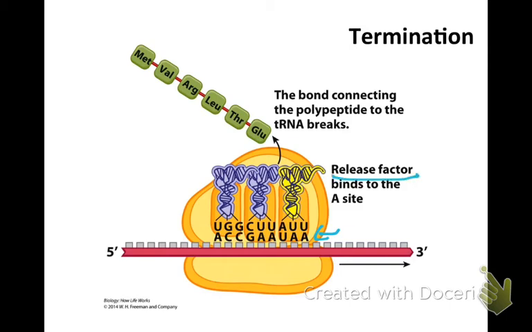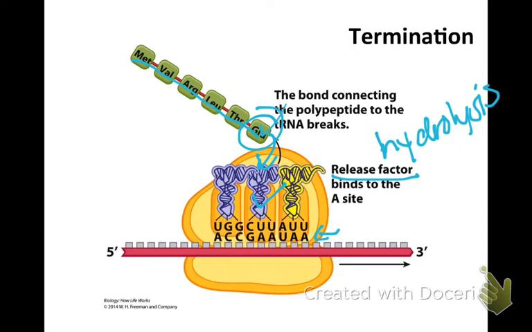What happens is this release factor will hydrolyze the bond that is connecting the last amino acid to that last tRNA, so that this can then be its own free entity. So this is hydrolysis. This release factor hydrolyzes the bond between this tRNA and this amino acid, and releases the polypeptide into the cell, so that other things can happen after that.